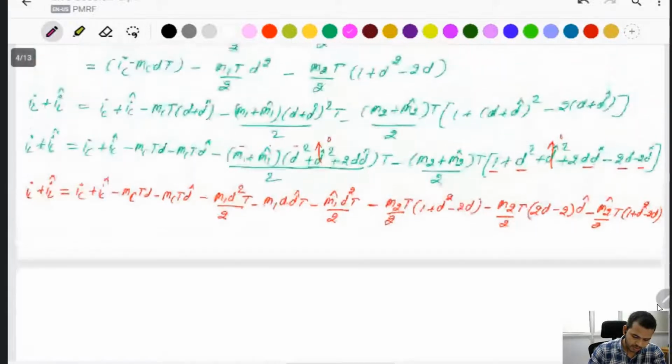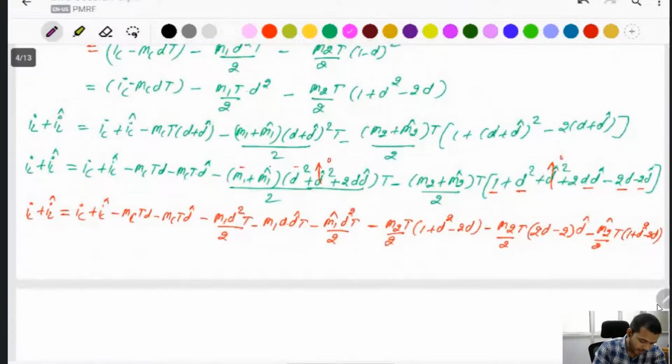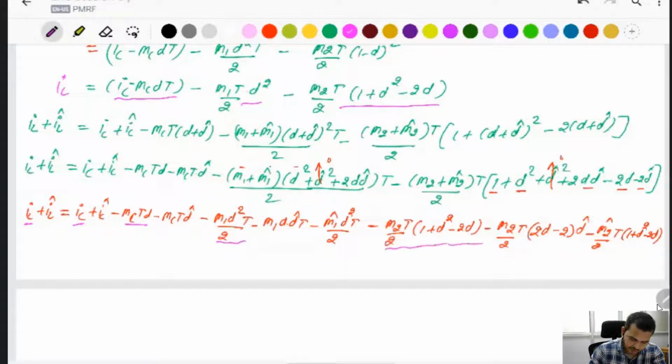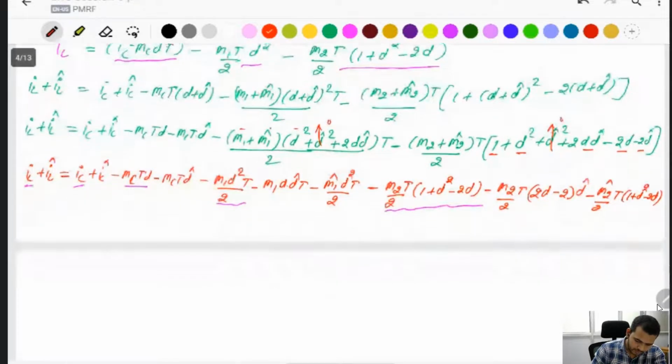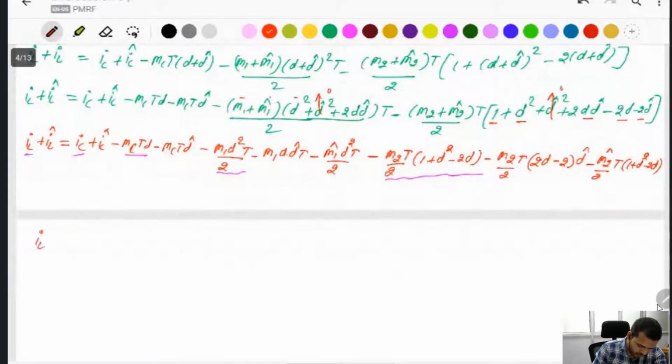See here further. IL here: IL is equal to MC dt, M1 T square and M2. We find IL is equal to IC into MC dt, M1 D square and M2 (1 minus D) square is the same. These cancel out from IL, only the IL perturbation remains here. That's why IL cap is equal to IC cap minus MC T D cap.